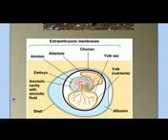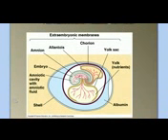And if we look at a bird egg up close, it has the same extra embryonic membranes that we saw in the reptile egg. We have the amnion, this fluid-filled sac that the embryo develops in, the protective sac. We have the chorion, which is for gas exchange, oxygen in and carbon dioxide out.